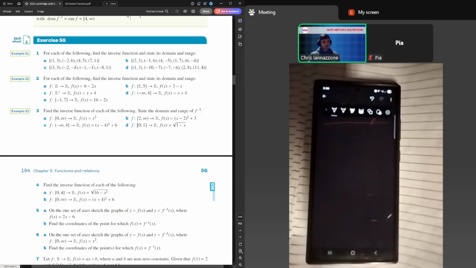Now the question I have is a more conceptual one. Why is the inverse the same as the original? How did that happen? It is correct, but how could that possibly happen?